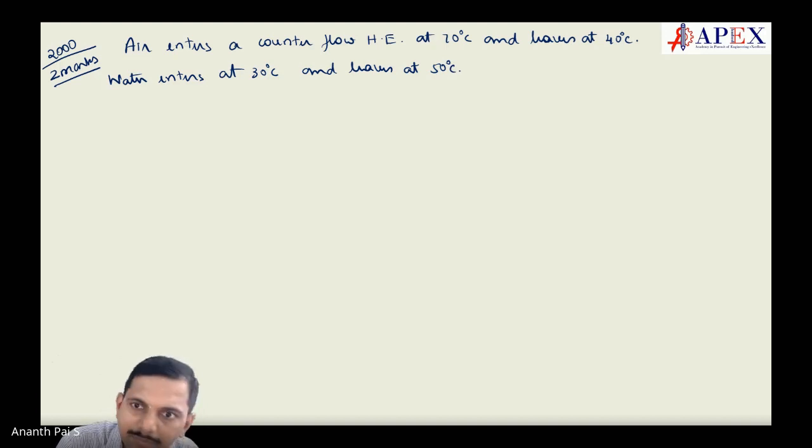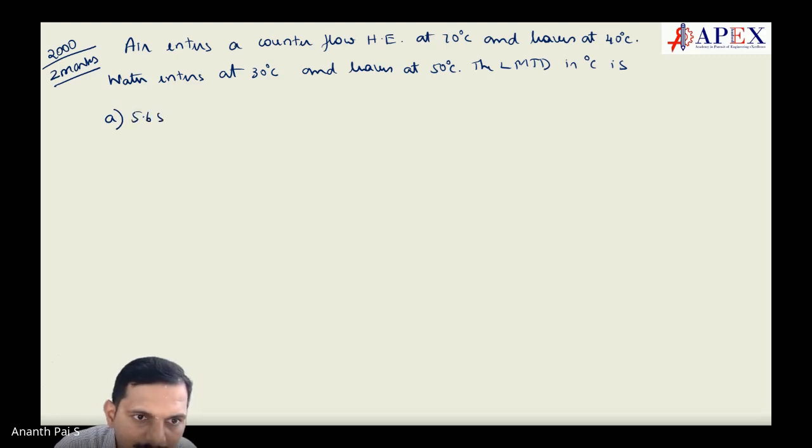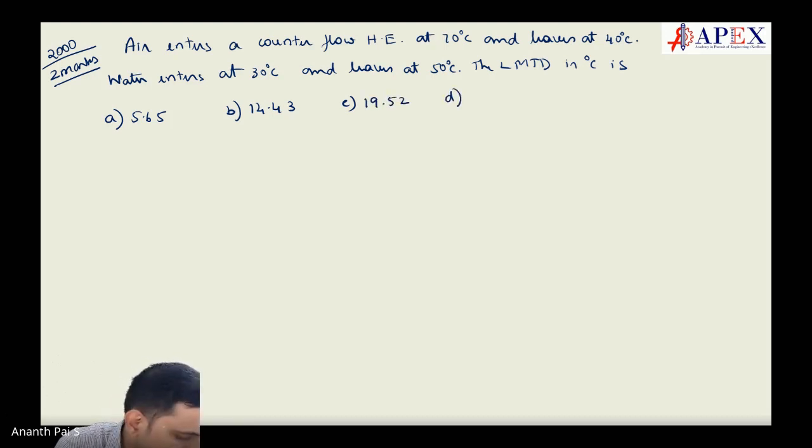The LMTD in degree centigrade is: A, 5.65; B, 14.43; C, 19.52; and D, 20.17. So what is it?